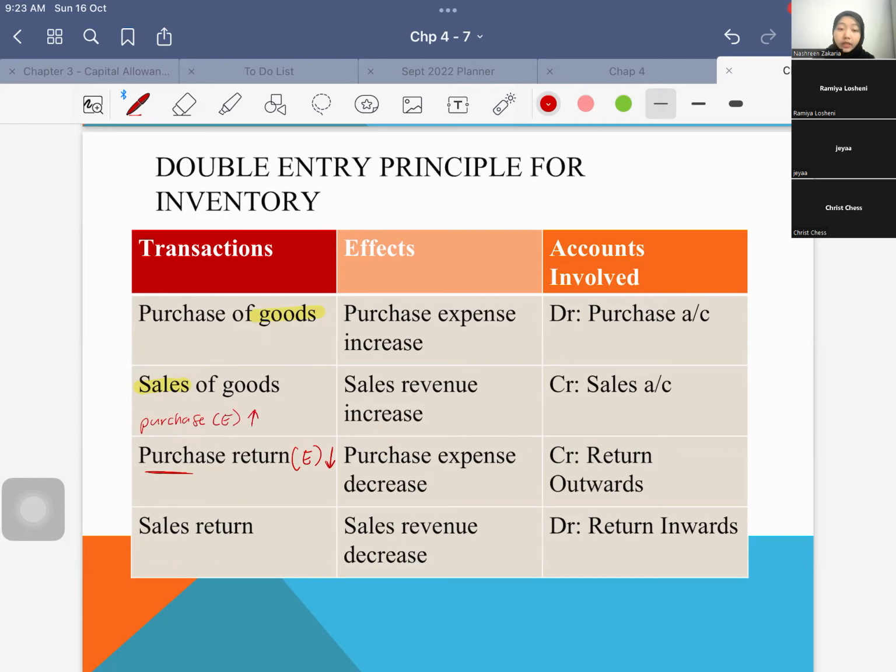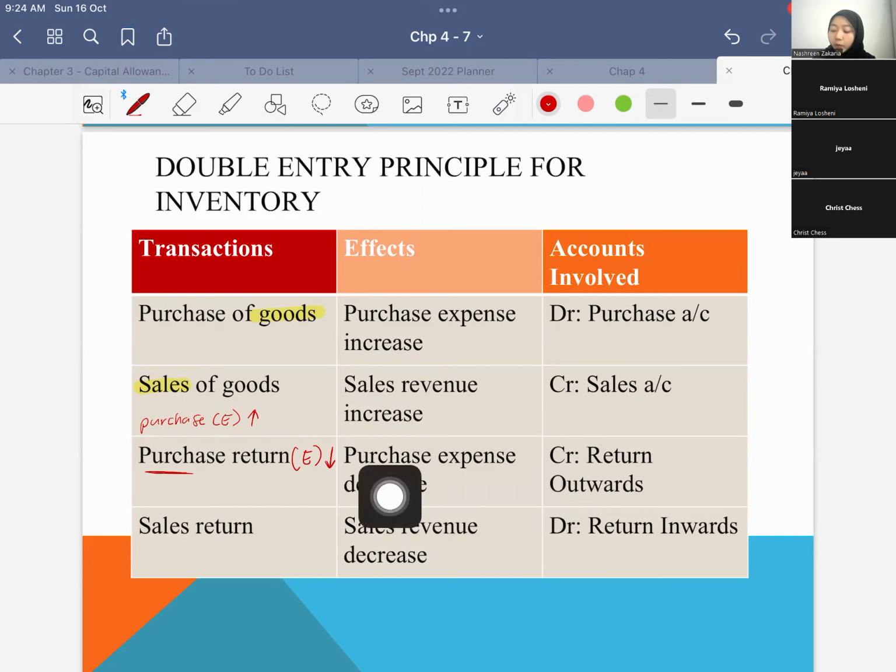Our expenses is increasing when we purchase something. When we first purchase the goods, now our expenses is increasing, isn't it? Correct? Okay, and then the goods too got like damage. So we want to return back the goods to the supplier. Okay, so it will involve with purchase return account. So now our expenses that just now it's increased, it will reduce back.